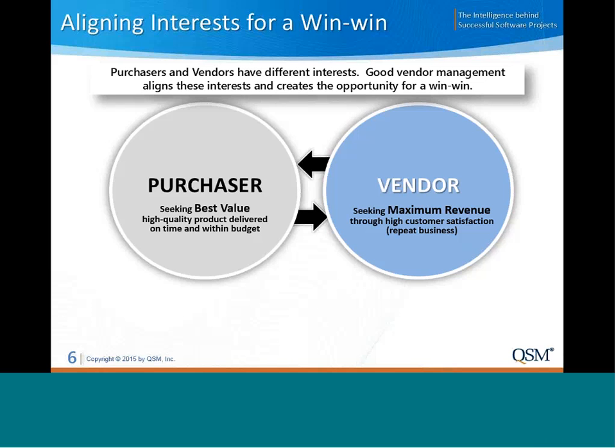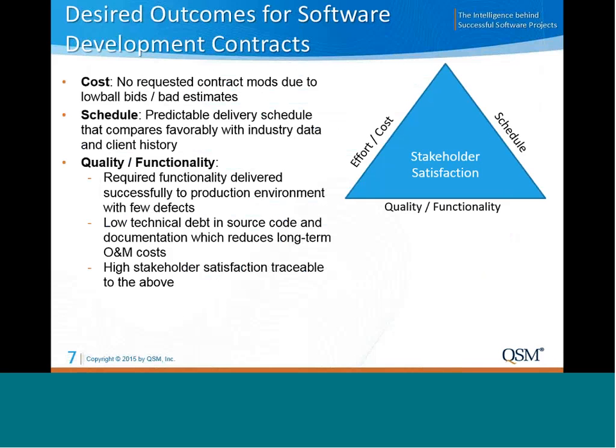So in order to achieve this win-win outcome, we need to use quantitative measures against the triple constraint of project management, which you may be familiar with. Effort and cost on one side of the pyramid or triple constraint, schedule, and then quality and functionality. So the desired outcomes typically consist on the cost side, no requested contract mods due to lowball bids or bad estimates.